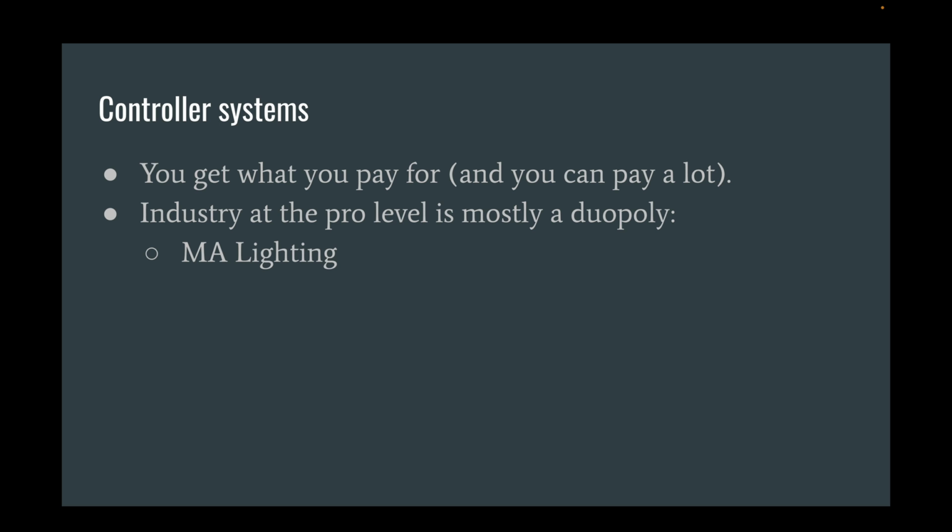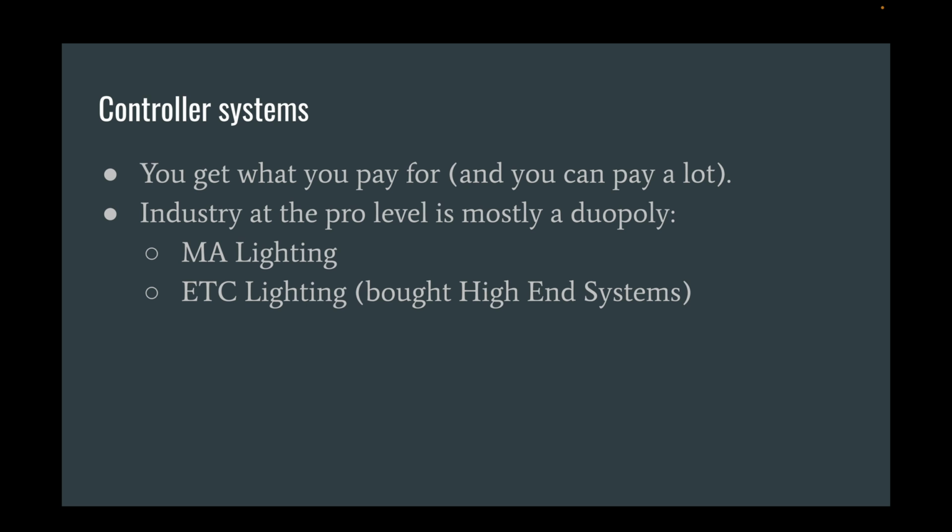You have MA Lighting. They tend to be more popular, I would say, among concerts, rock concerts and clubs and things like that. That is their dominant spot, I would say. ETC Lighting, on the other hand, which bought High End Systems, which used to be a third party, now they own all their stuff as well.